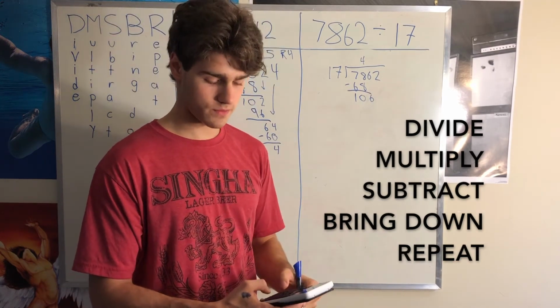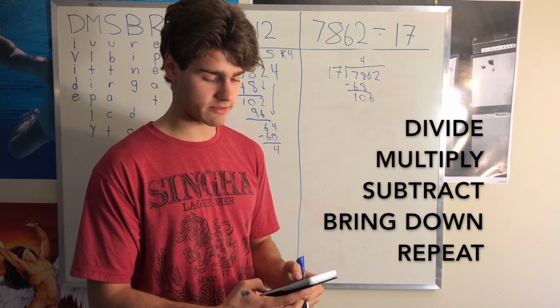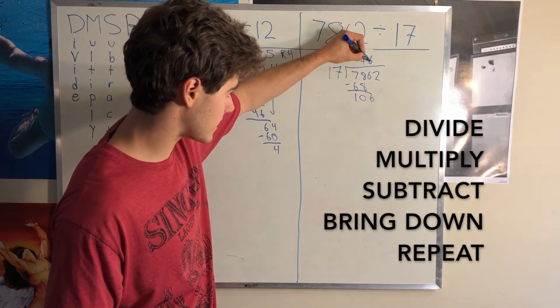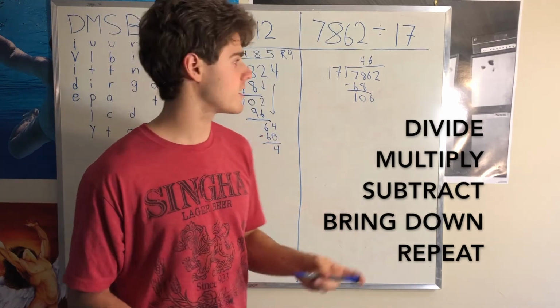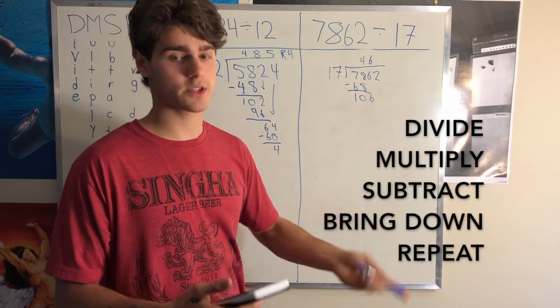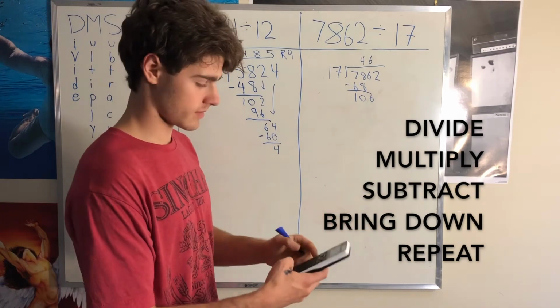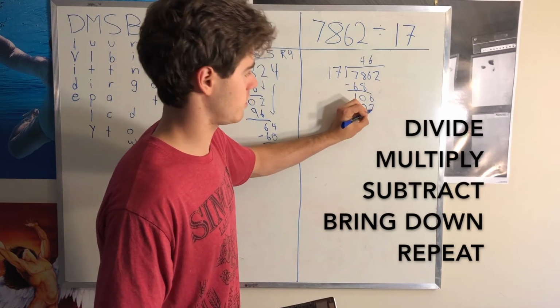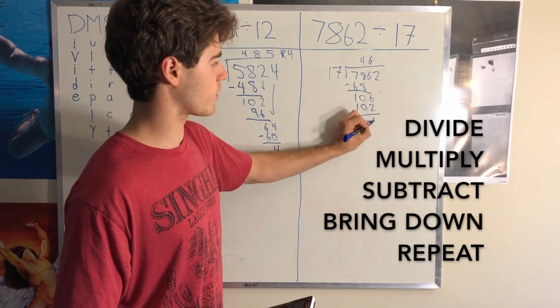Now we repeat. So 106 divided by 17 is 6 point something. All we care about again is that number 6, that number before the decimal. 17 goes into 106 6 times with some amount left over. 17 times 6, we multiply them together to get 102. Subtract, we get 4.